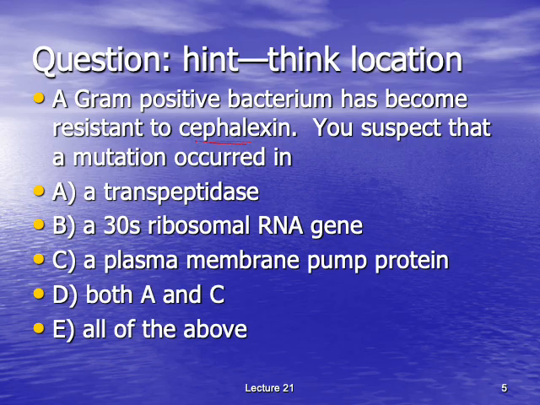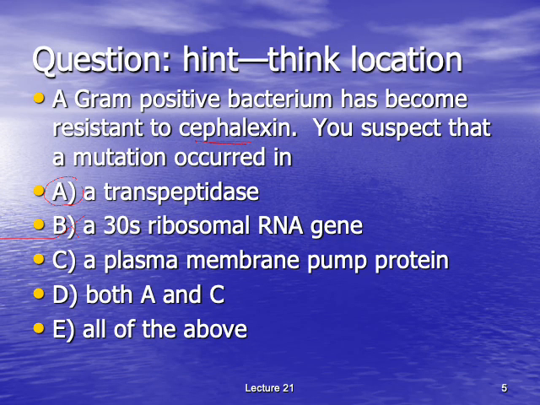Okay, here's the answer. So first of all, it would be a transpeptidase, definitely, because cephalosporins inhibit transpeptidases. 30S ribosome, no. Cephalosporins don't affect translation. A plasma membrane pump. Now, a lot of people might jump and say, oh, yeah, something's going to pump the antibiotic cephalexin out of the cytoplasm and outside the plasma membrane.